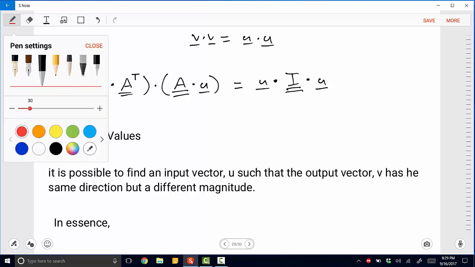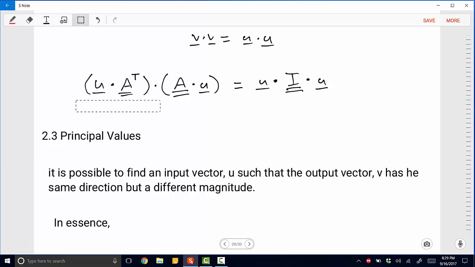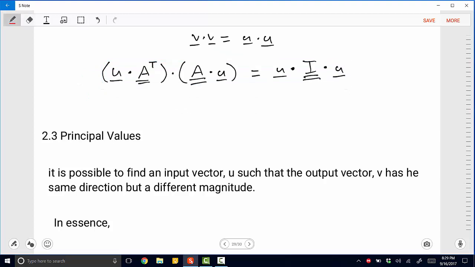Now, if we look at this equation, we can see some similarities across it. Even though we have these brackets which indicate the first operation, we know that this is a vector and this is a vector. The dot product is commutative, right? If it is commutative, we can drop our brackets. We don't need those first operator brackets. So in essence, we have on both the left and right hand side u surrounding these tensors.